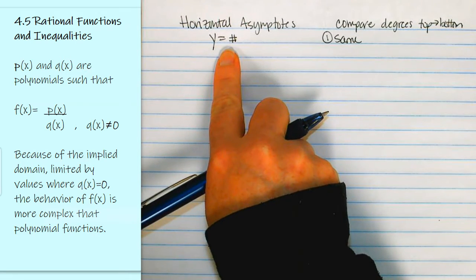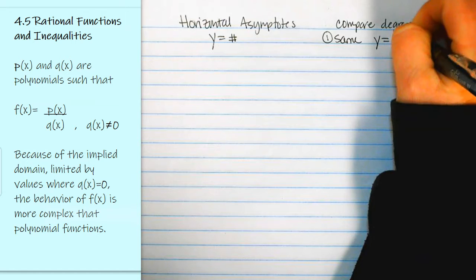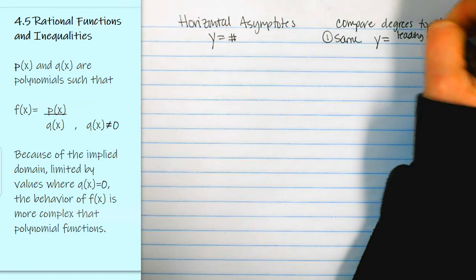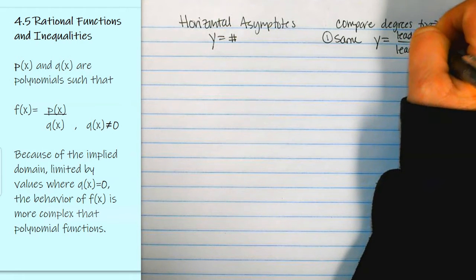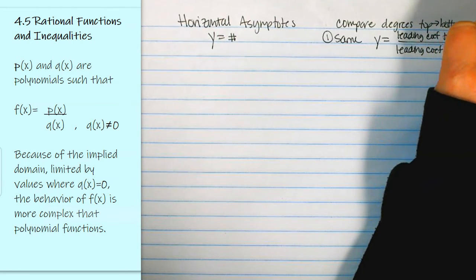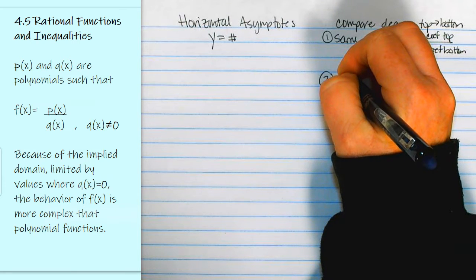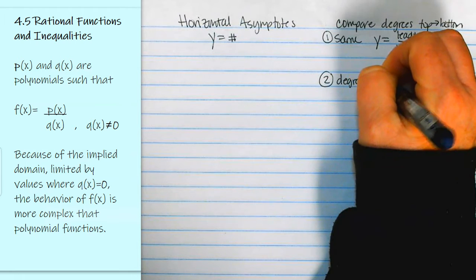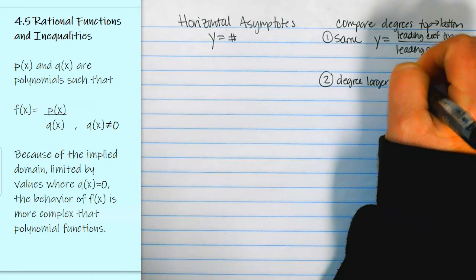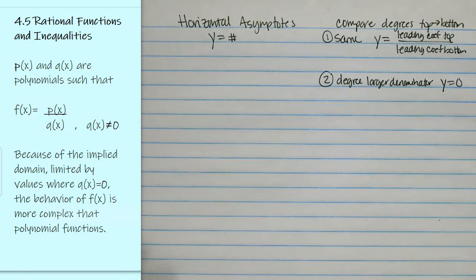It's going to be y equals the leading coefficient of the top over the leading coefficient of the bottom. And 2, if the degree is larger on the bottom, larger in the denominator, there's only one choice. It's y equals 0 because it's small over big and it's going to go to 0.